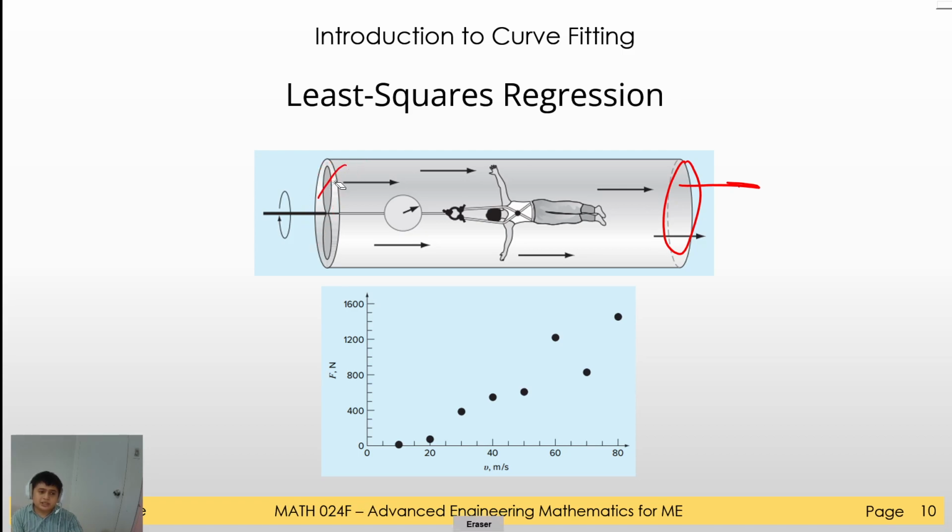So we imagine that we connect a string and then attach it to the prediction. So with our respective velocity of the air, we can see a respective change in the force on the spring in this measurement.